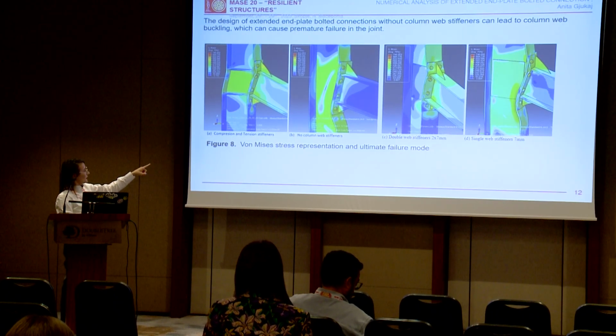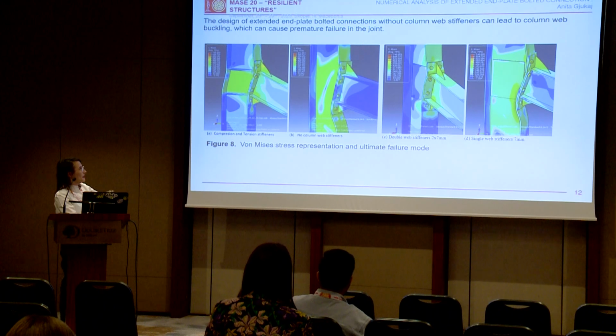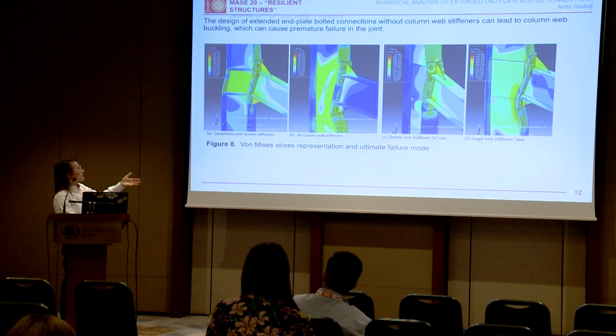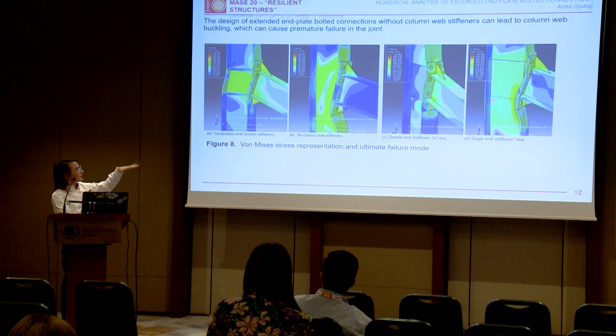In the absence of column web stiffeners, there is web buckling under the shear force and also buckling in the compression zone, while in type C with the double web stiffeners there is a similarity with the 2:1, but also a little bit of web buckling.